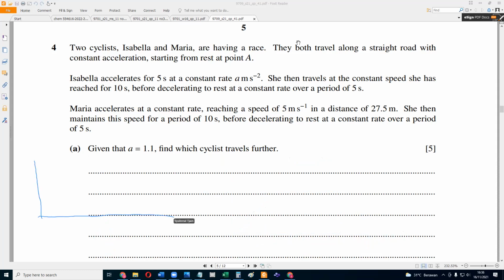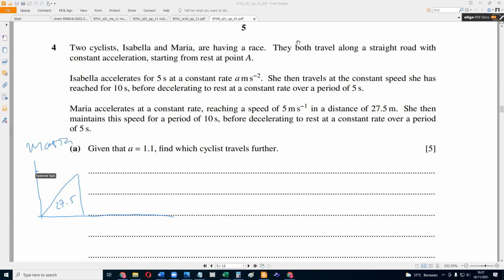Maria accelerates at constant rate, reaching speed 5 meters per second in a distance of 27.5. So here, the area is 27.5 meters for Maria.